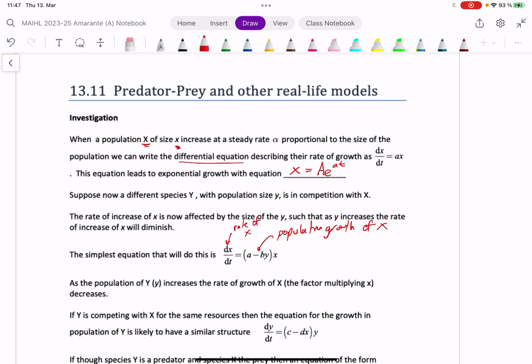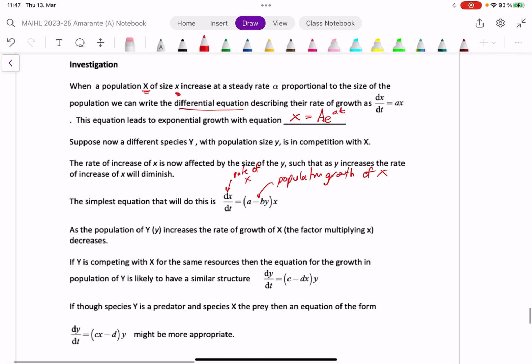That thing in brackets is like the growth factor, is the way to think about it. And so it says here, as the population of y increases, the rate of growth of x decreases. If y is competing with x for the same resource, then the equation for the growth of y has a similar structure, just different.